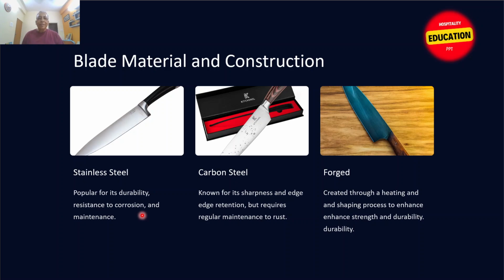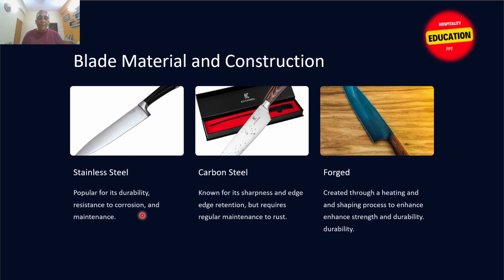Normally, there are different kinds of knives available with different kinds of materials. As we can see here, there are three main varieties available. One is made of stainless steel, which is very popular for its durability, resistance to corrosion, and of course easy daily maintenance after use.